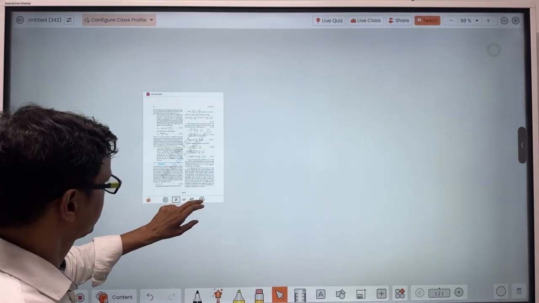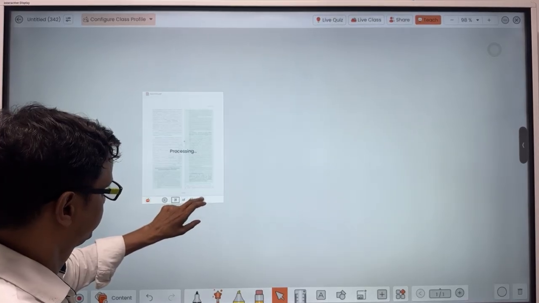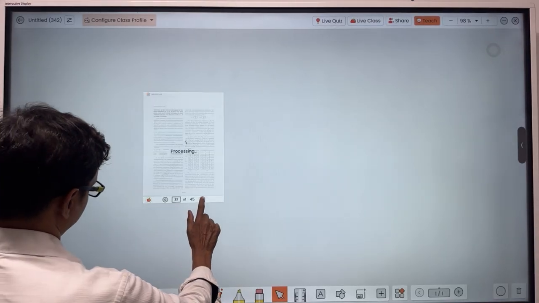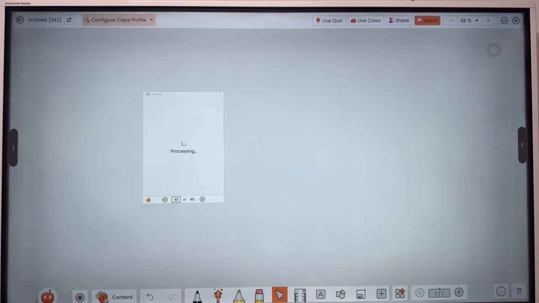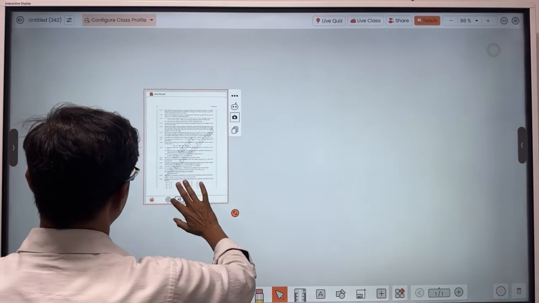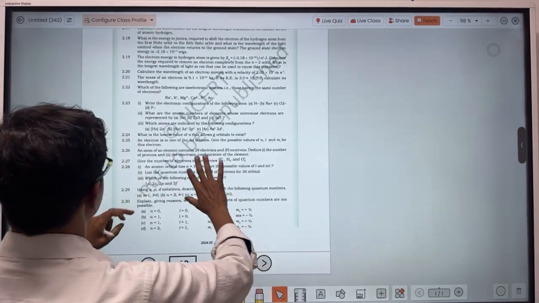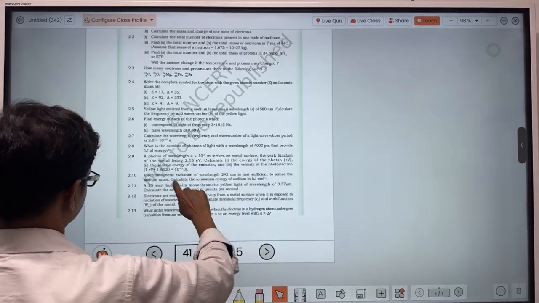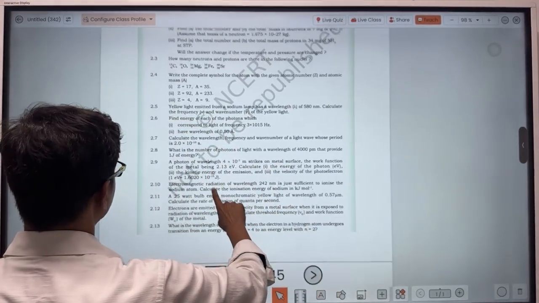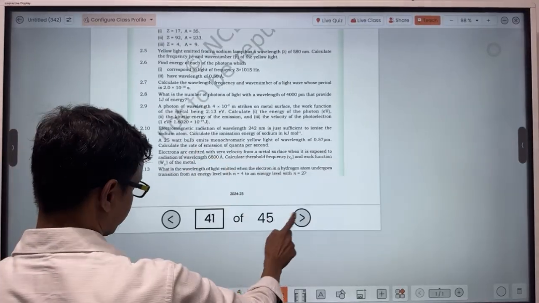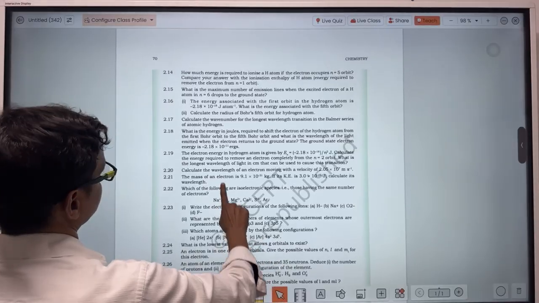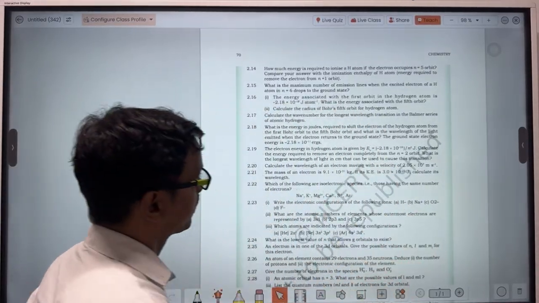So the question was, calculate the wave number of the longest wavelength transition in the Balmer series.